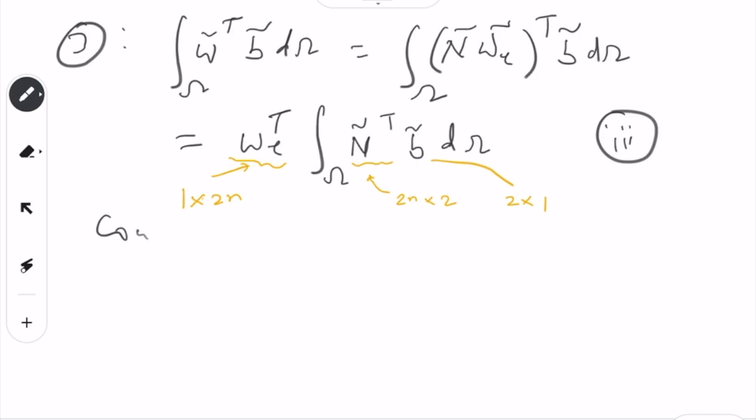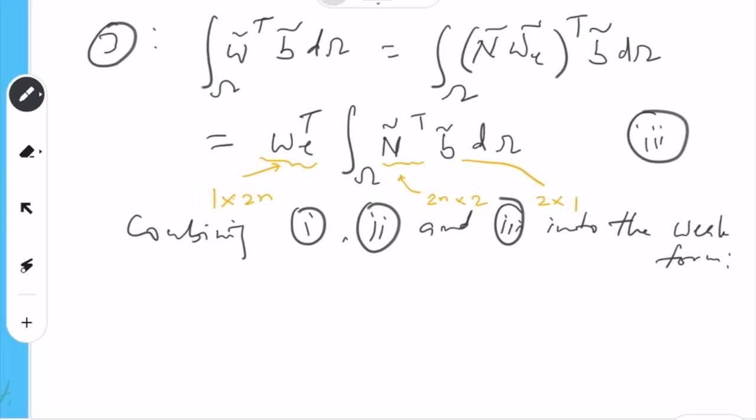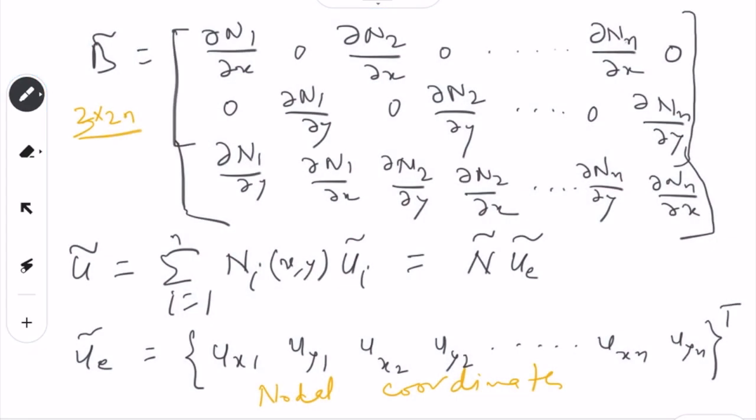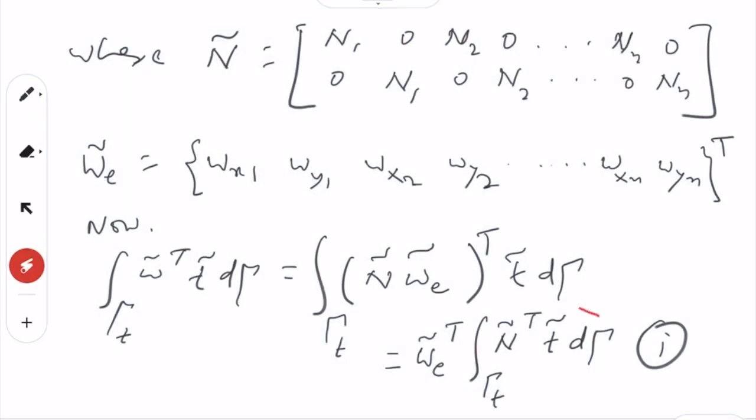So, combining 1, 2 and 3, what do we get in the weak form? From 1, let us go back and find out where 1 is. Okay, here goes the 1.